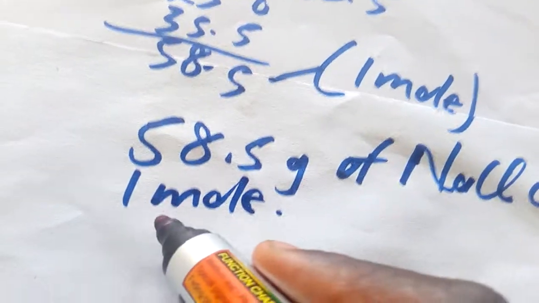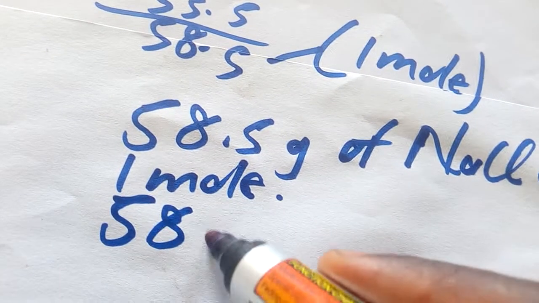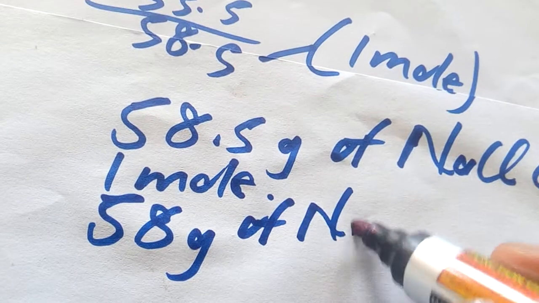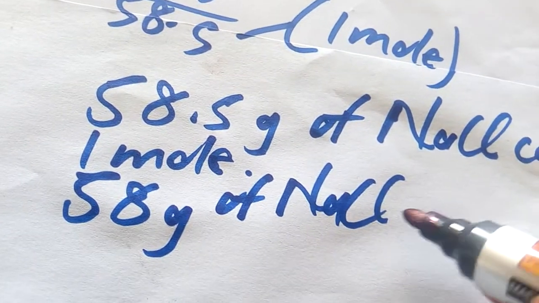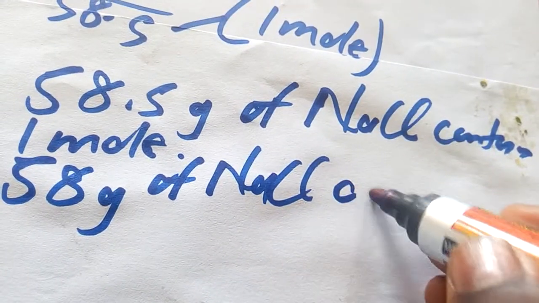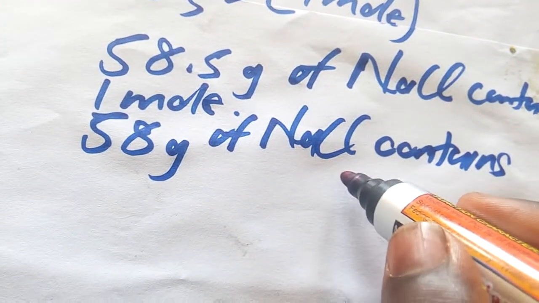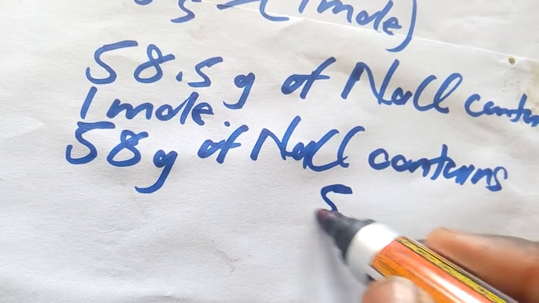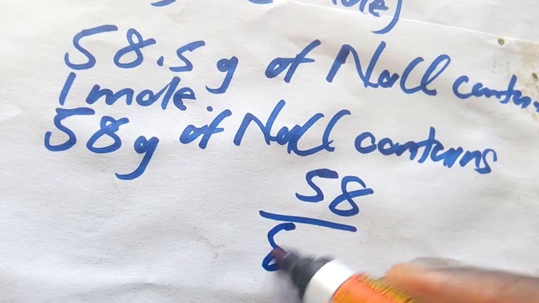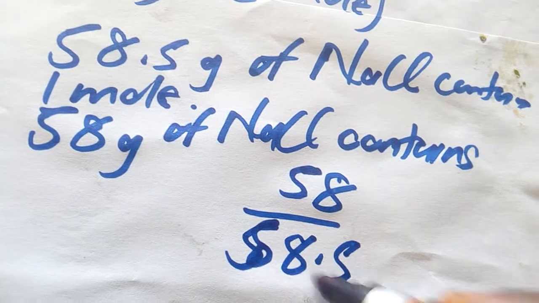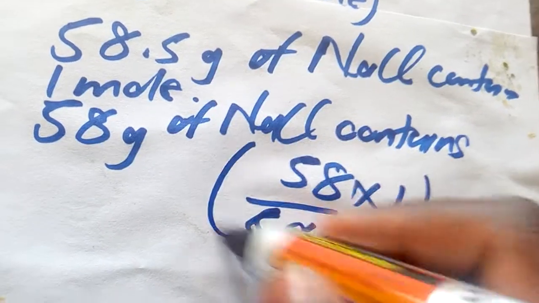What of the 58 grams they want? So it will be 58 grams of sodium chloride, which is our common salt, contains, so it's going to be 58 out of 58.5 times 1. These are the moles.